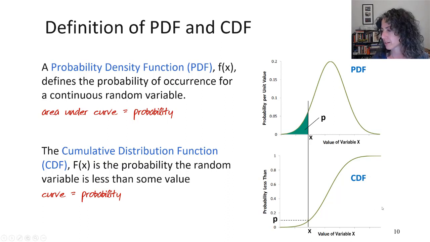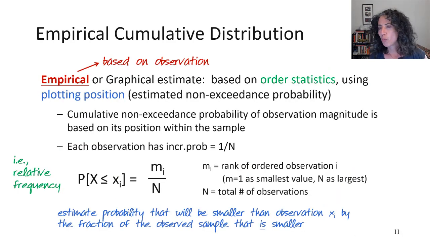So if we want to estimate the cumulative distribution function with our data, we could choose to just accumulate the histogram, but we saw in the introductory lecture that it can be more effective to estimate the cumulative distribution function by plotting all of the sample members versus plotting positions.